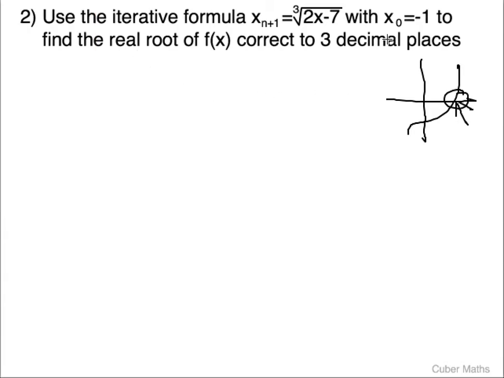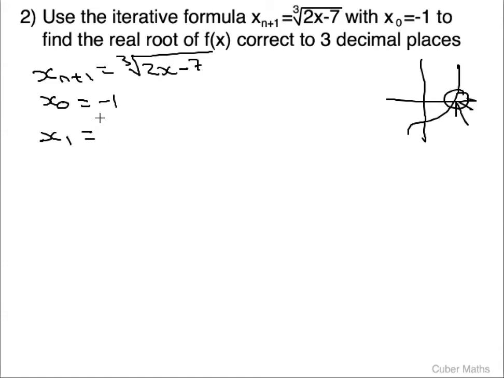So if we look at the formula it's given us, it says x(n+1) is equal to the cube root of 2x minus 7, and it said x0 is equal to minus 1. So to find x1, all we simply do is substitute in the previous value into our equation, as it says x(n+1), which means to find the next value you need to do the cube root of 2 times the previous value minus 7.